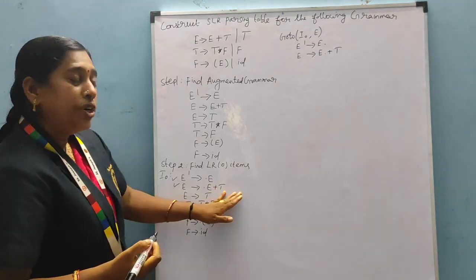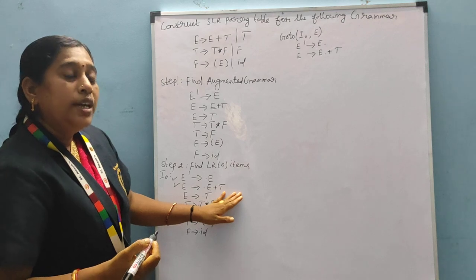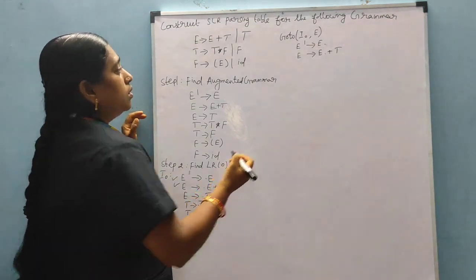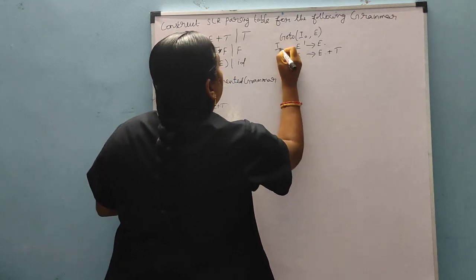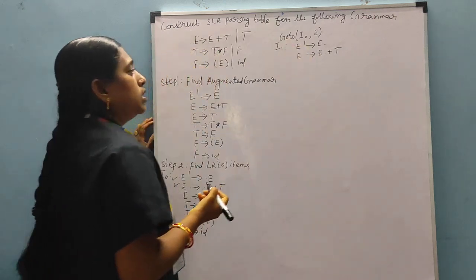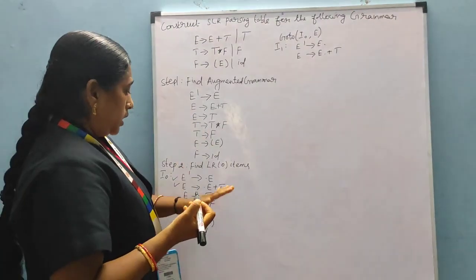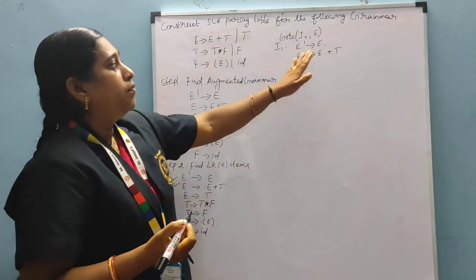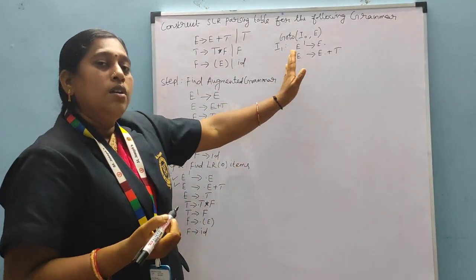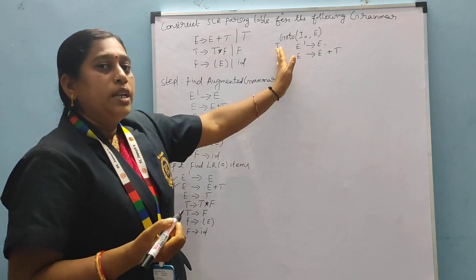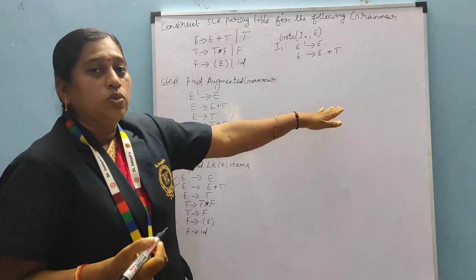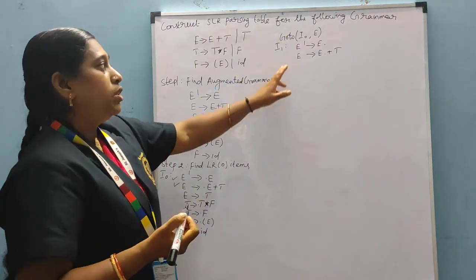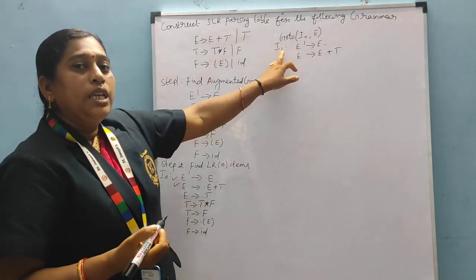No, only two productions contain non-terminal E at the right side of the production. Okay. So now I consider this state as the I1 state. Whatever is present in I naught, if the same state is reflected, no need to give a new state number. But here, this is a new state, so I am giving the new state number as I1.